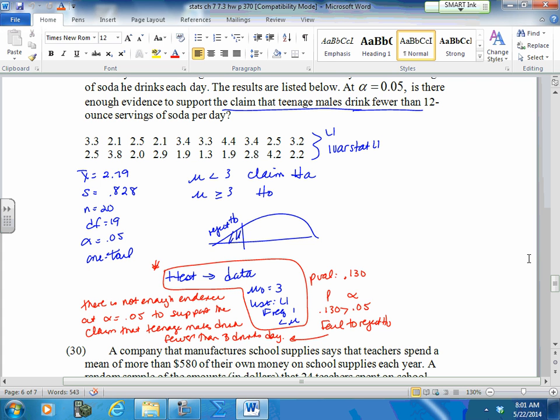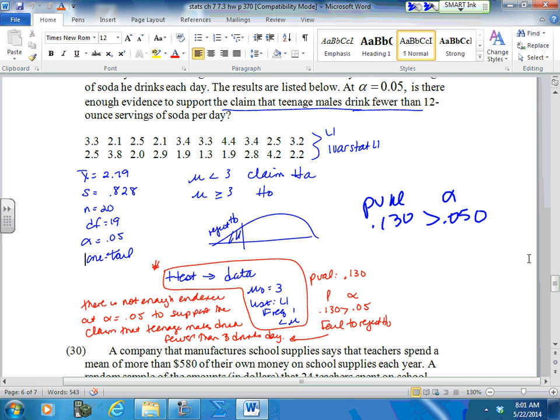We test that against, always in this order, your p-val and your level of significance. So now you can say 130 is greater than 50. Easiest way: take the decimal away when you compare the numbers. That, according to that chart, tells you to fail to reject H0. So we failed to reject H0, the rest of it's the same.